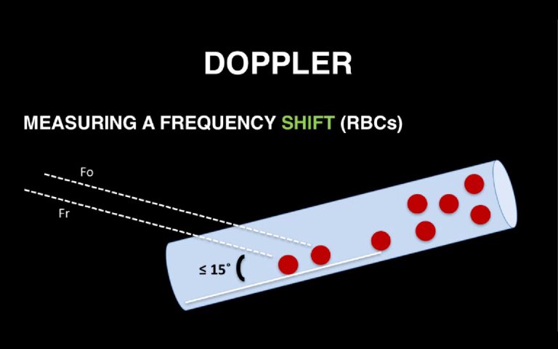This is a very, very common mistake. We only have about 15 degrees of tolerance. Beyond that, we will be really underestimating that shift and therefore any velocities that we're attempting to measure. So it's important that you don't proceed with making measurements using Doppler unless you are close to parallel to your flow, ideally under 15.